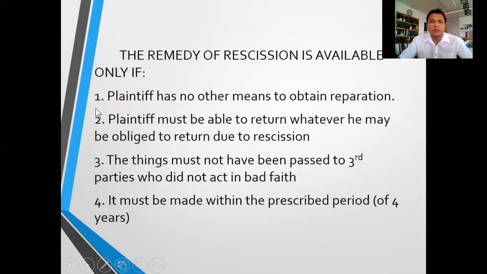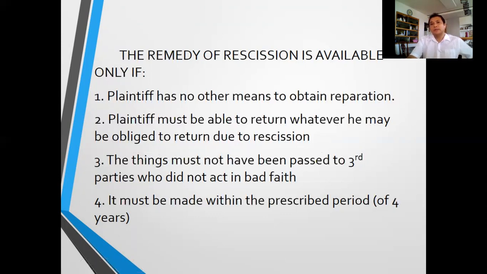So this comes in, number one, the plaintiff has no other means to obtain reparation. Reparation means payment for the damage. Number two, the plaintiff must still be able to return whatever he may be obliged to return.